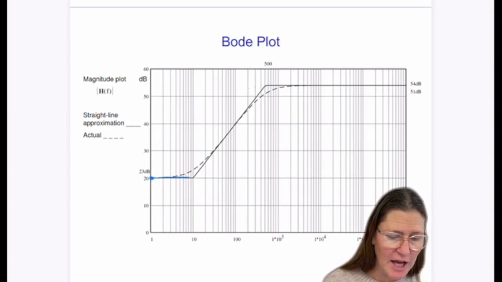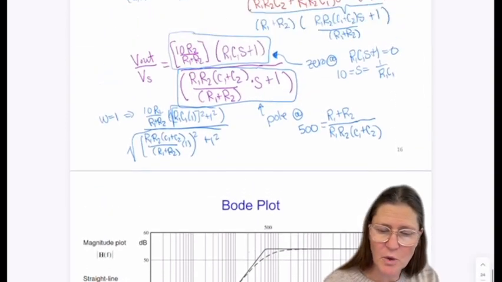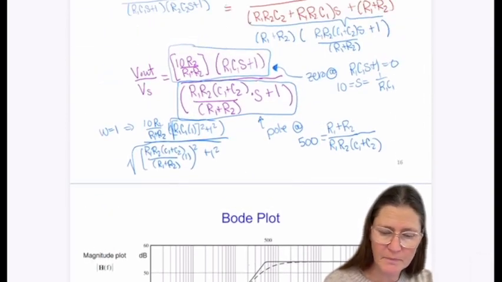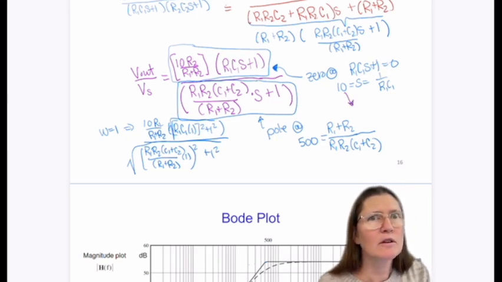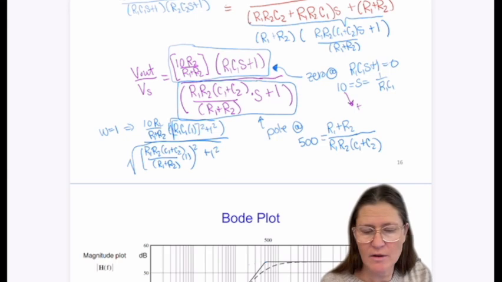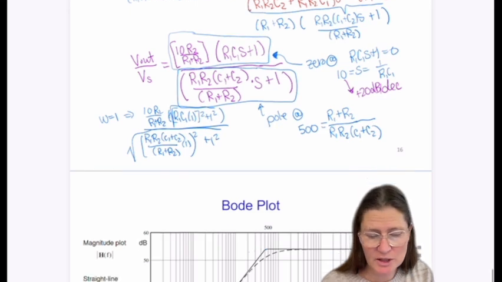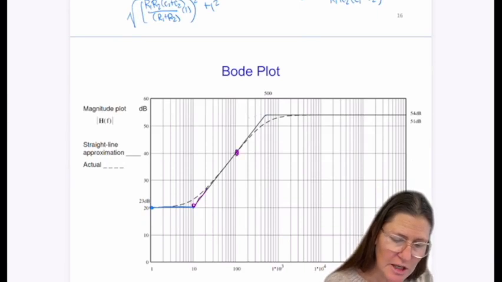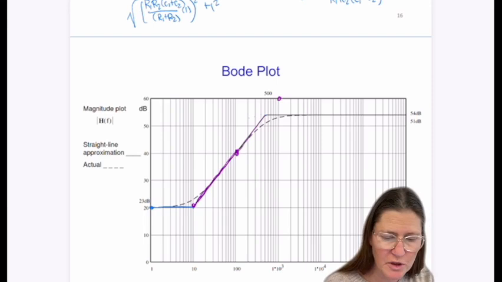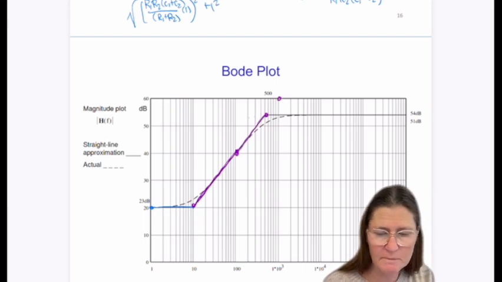And then it goes flat until I reach the first one. What happens at the first one? So what happens at 10? Starts rising by 20 dB per second. Correct. Or decade, sorry. Yep, so it's going to go up by 20 dB per decade. So I'm going to go from 20 to 40, and then at this one it would be up at 60. But I have another change before that time at 500.